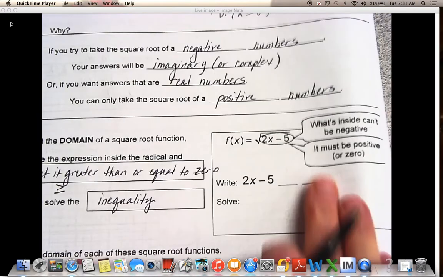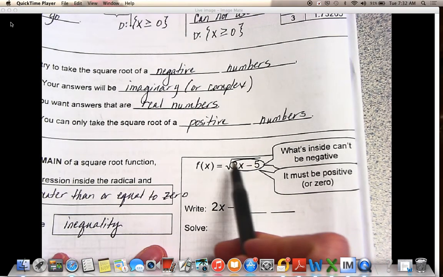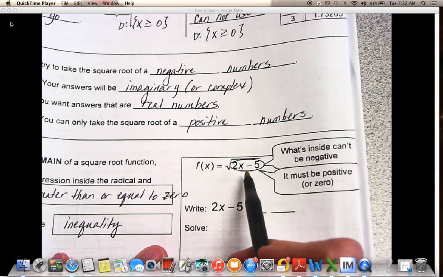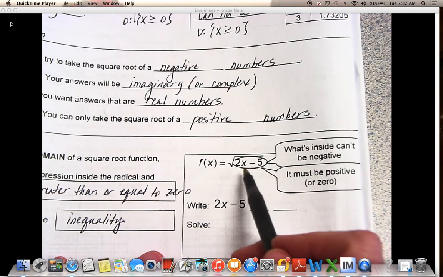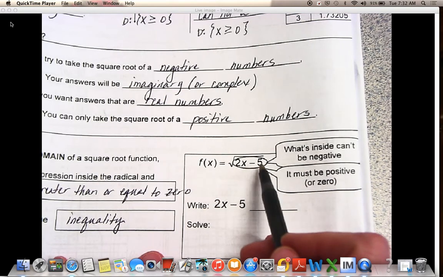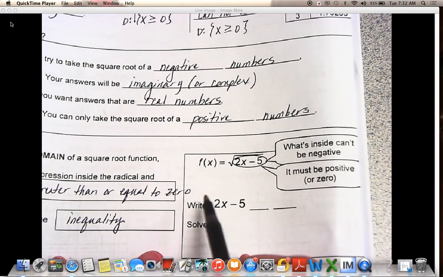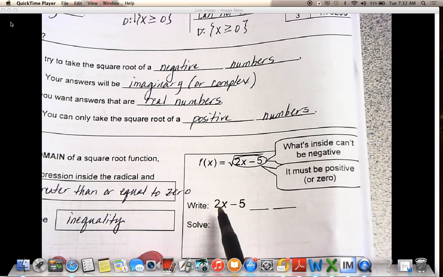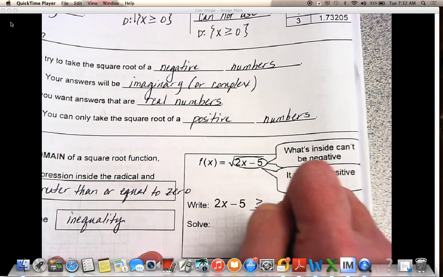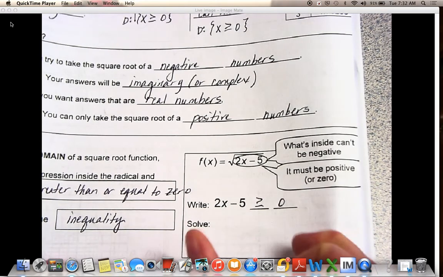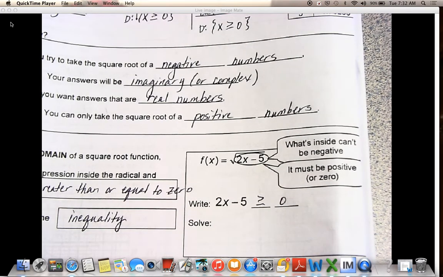So if we look at the example they have over here in the box, remember what we talked about at the beginning: what's underneath the radical cannot be negative. If it's negative, we're going to end up with imaginary or complex answers, and we don't want that with our square root functions. So whatever is underneath here has got to be positive. We're going to take what's underneath there, in this case 2x minus 5, and set it greater than or equal to 0. This is going to help us find our domain. I'm going to solve for x.